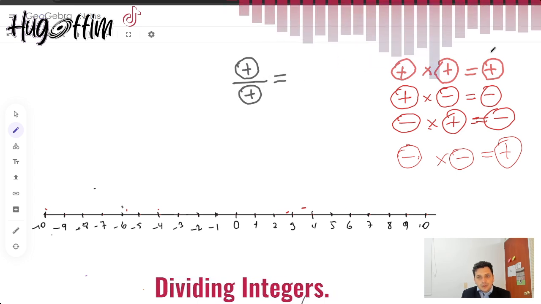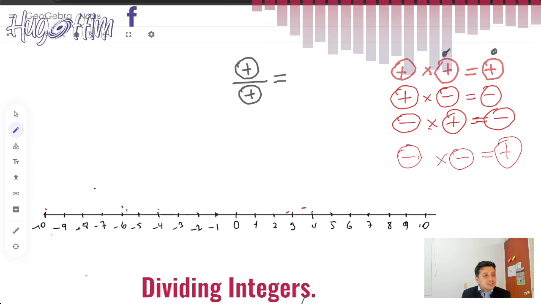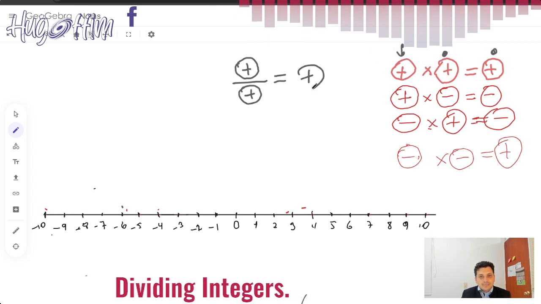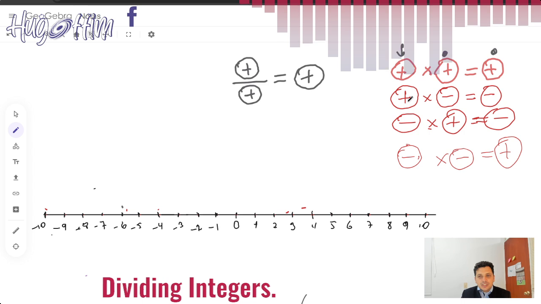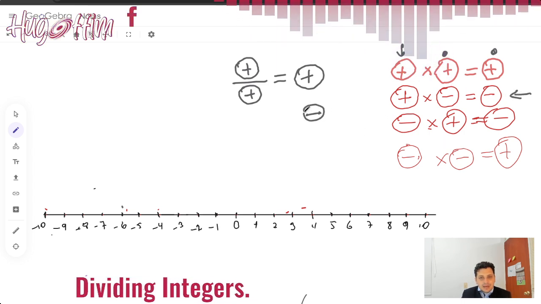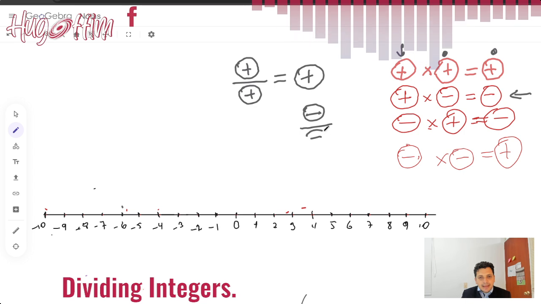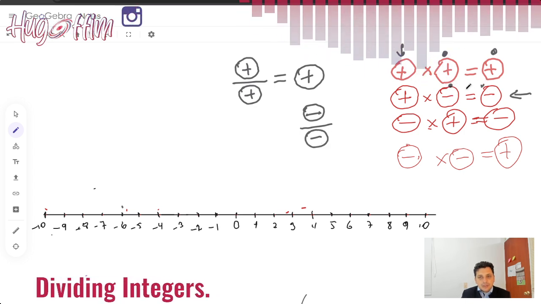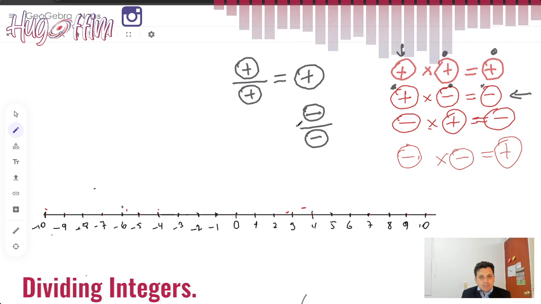I can use this rule: positive divided by positive, so the answer is going to be positive. Now let's use this rule to get negative. I'm going to divide a negative number by a negative number. So a negative number divided by a negative number, the inverse must be positive.